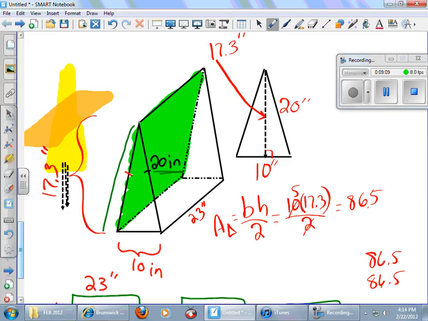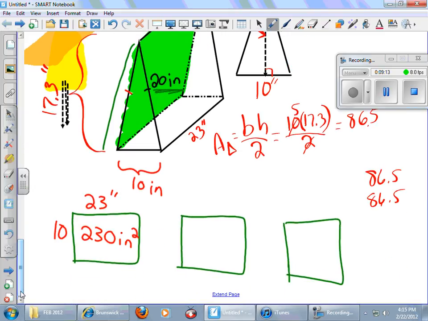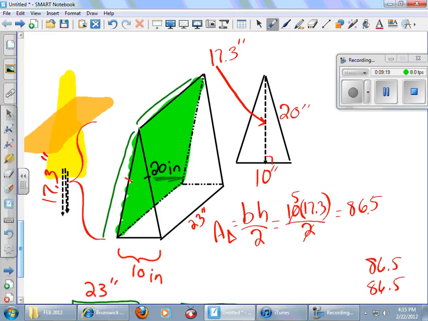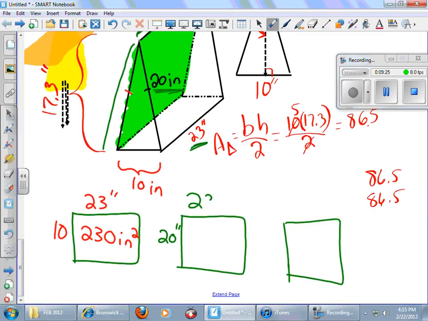Yeah, I think that's 20, right? So one side of this rectangle will have to be 20 inches. And then I'm going to go back up and ask myself, do I know this side? Yeah, I think that's 23. So the other one is 23 inches. Okay. Multiplying 20 inches by 23 inches is going to give me 460 inches squared.